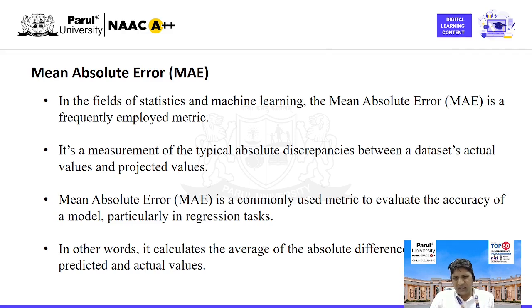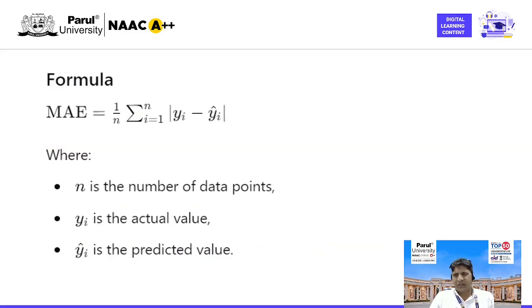In other words, it calculates the average of the absolute difference between predicted and actual values. The difference between them is known as the mean absolute error.